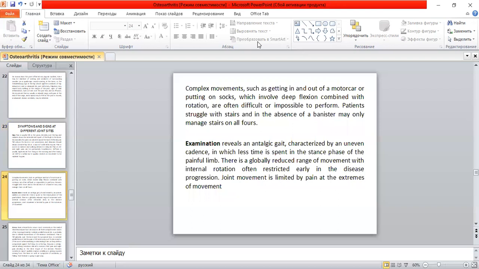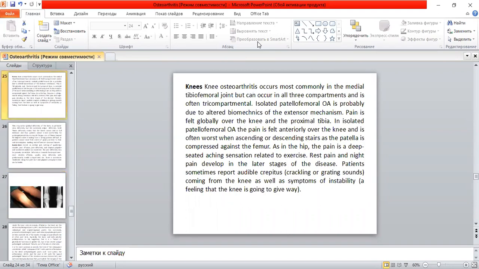Examination reveals an antalgic gait characterized by an uneven cadence in which less time is spent in the stance phase of the painful limb. There is a globally reduced range of movement, with internal rotation often restricted early in the disease progression. Joint movement is limited by pain at the extremities of movement.